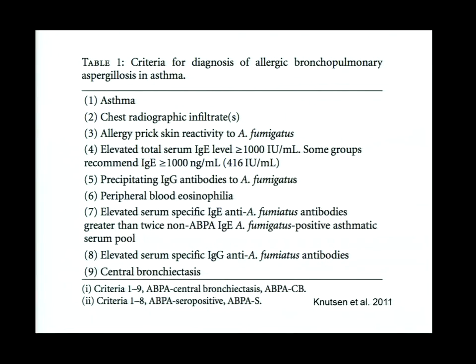The minimal criteria for ABPA is at least asthma, chest X-ray infiltrate, positive prick test to A. fumigatus, and then elevated serum IgE, usually greater than 1,000, and the elevation can be quite high for IgE, can be in the tens of thousands. And then evidence of precipitating IgG antibodies to A. fumigatus.